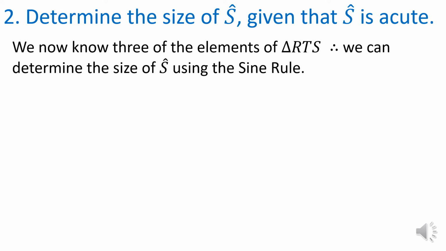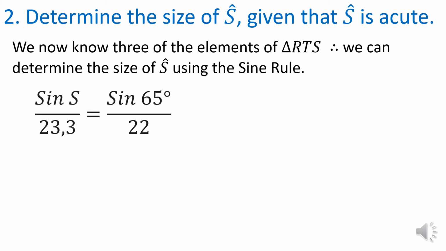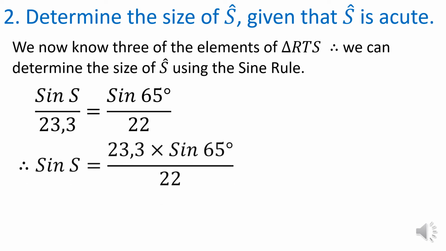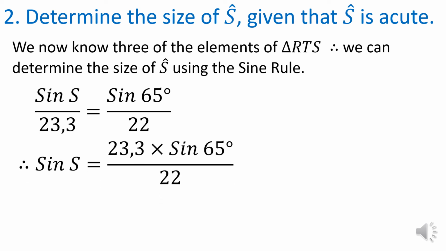If we substitute our values in, we have sine S over 23,3 is equal to sine 65 degrees over 22. In this situation, we are cross multiplying and trying to get sine S on its own. So we are then left with sine S is equal to 23,3 times sine of 65 degrees divided by 22.